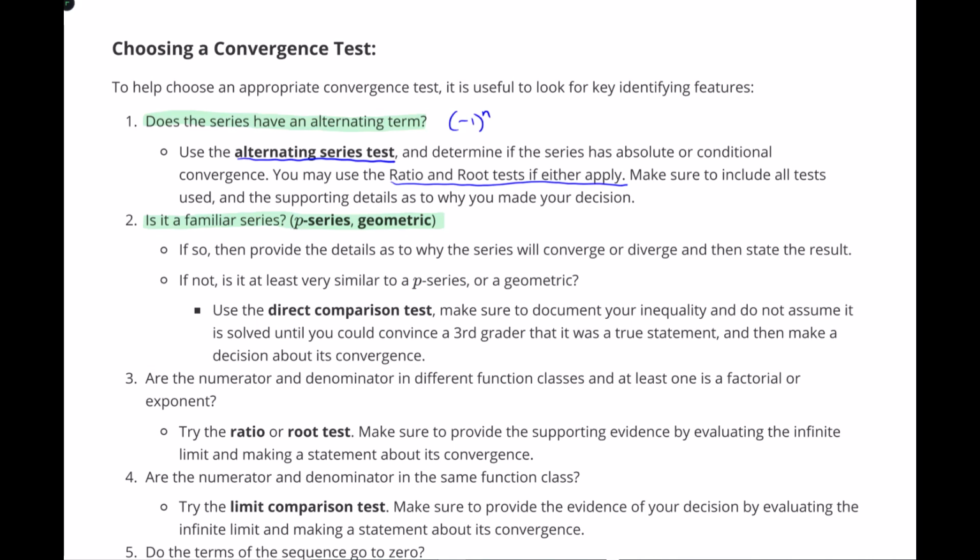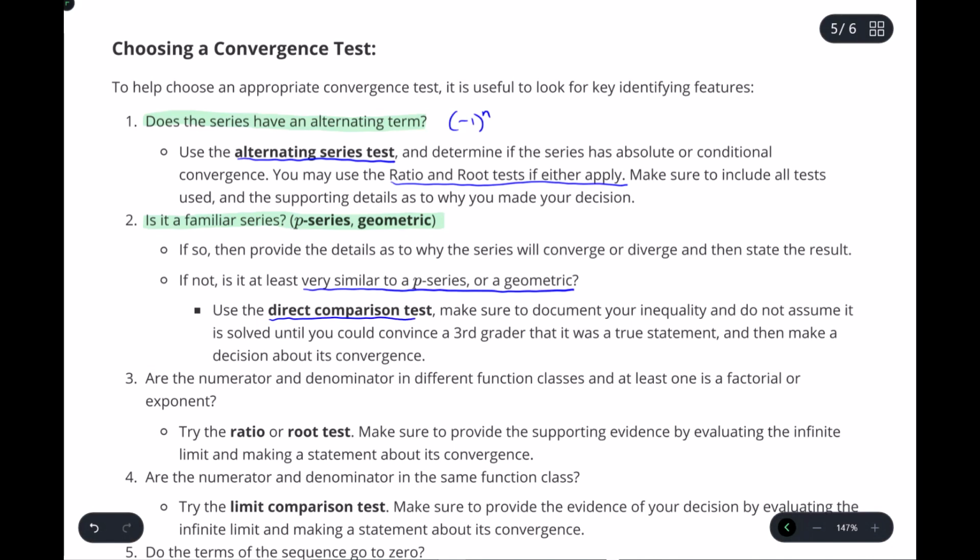But if it is, then provide details why the series converges or diverges, and state the result. Fairly straightforward. If it's very similar to a p-series or a geometric series, then that's when you might want to use a comparison test.